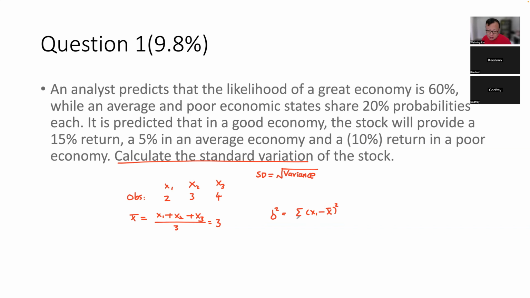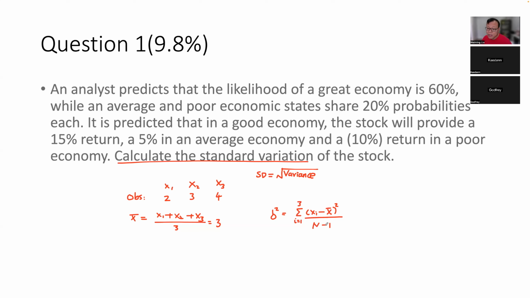In this case, my i equals 1, 2, 3, right? So I have x1, x2, x3. So this sum is the sum of 3 terms. And then this has to be divided by n minus 1. This n is the number of observations.